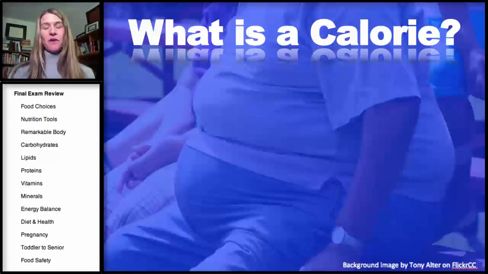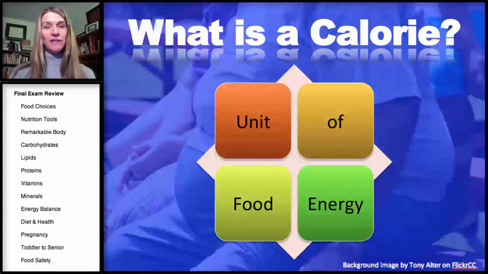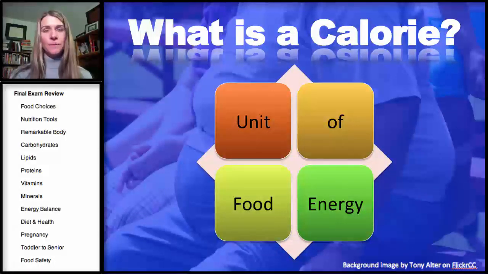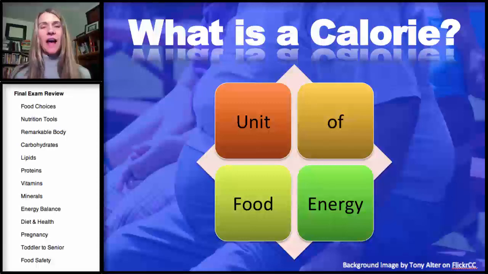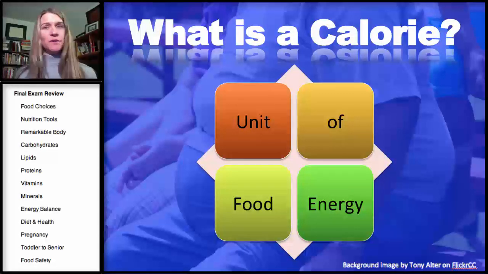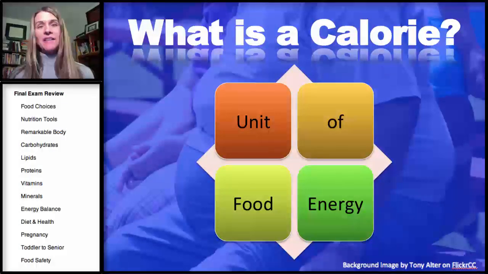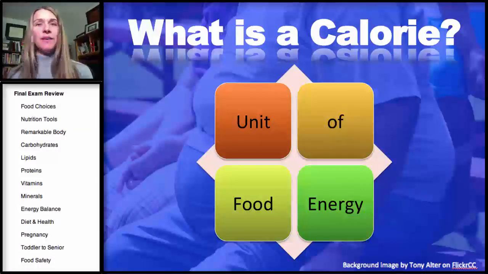Now, of course, by now you know what a calorie is, but to remind you, it is a unit of food energy. Now remember, we don't eat calories, we eat food. Our body takes in that food. It breaks it down, it digests it. It absorbs those individual nutrients, and then it takes those nutrients, and in particular with carbohydrate and fat, it will break that down, and that generates energy.